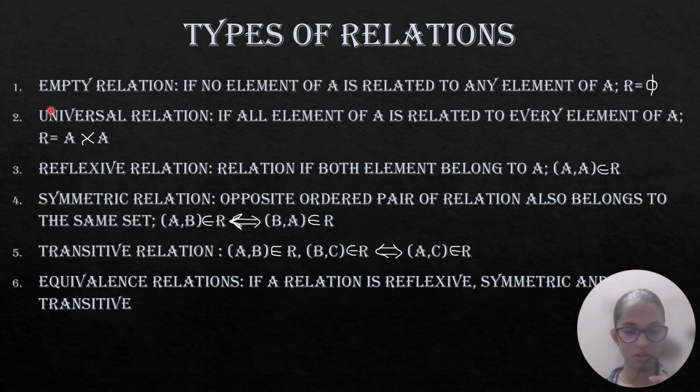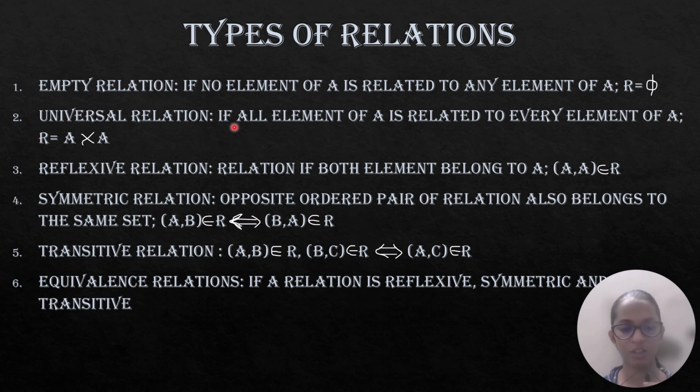The next topic is types of relations. First is empty relation: if no element of A is related to any element of A, that is R is equal to phi.